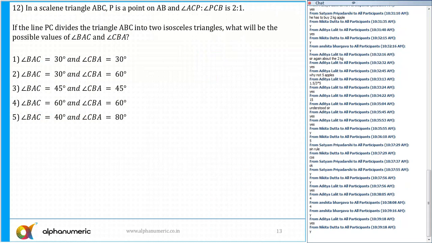Okay, come to question number 12. What is the answer for question number 12? Okay, just give me a second.